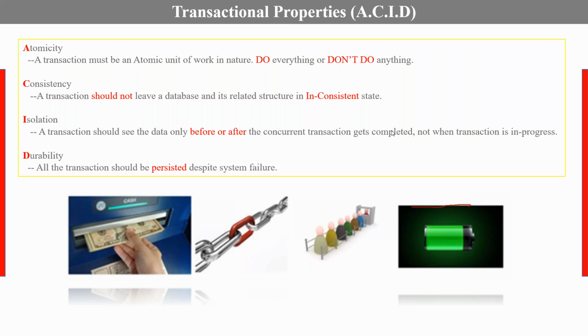For example, if you enter a duplicate record into the database, that should not go in, because it violates the behavior of your database and database objects. That will be taken care of by consistency. Every transaction you perform should not affect the behavior of your database and database objects.